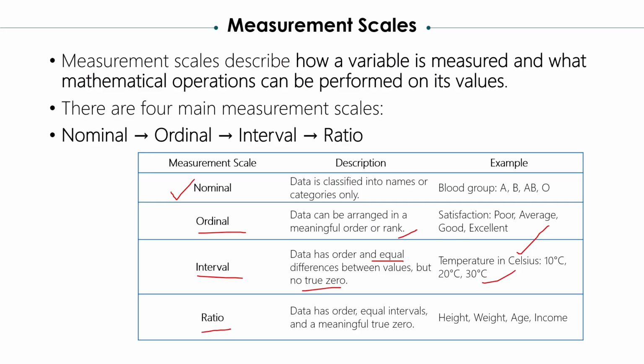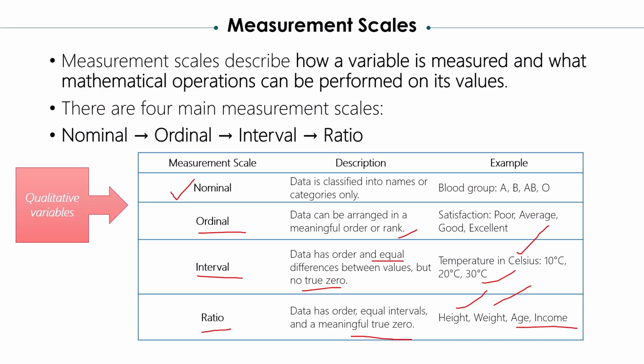Finally, the ratio scale. Here data can be ordered, it follows equal intervals, and it has a meaningful true zero value. For example, data of height, weight, age and income. Typically these four scales, nominal, ordinal, interval, ratio, work for the variable categories.